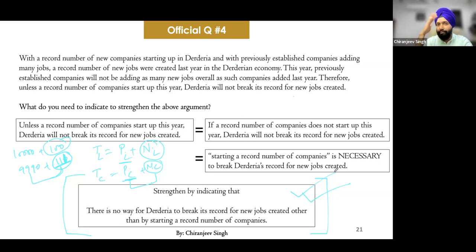In GMAT Intensive, we focus a lot on this, on gap analysis, something that Anish and I have come up with on our own. This is not done anywhere else, at least in my understanding.